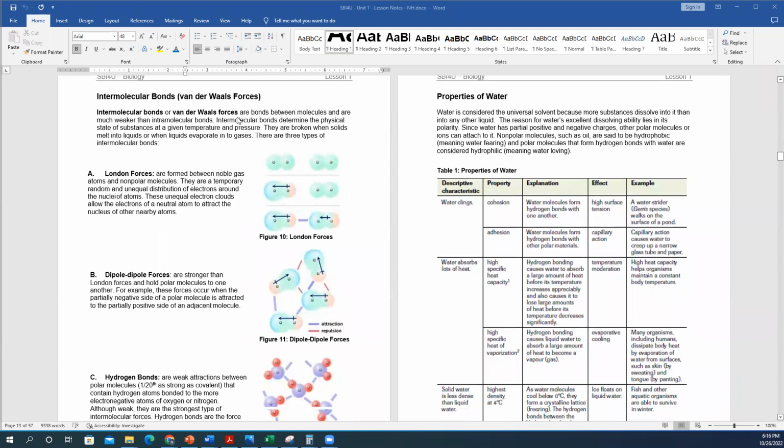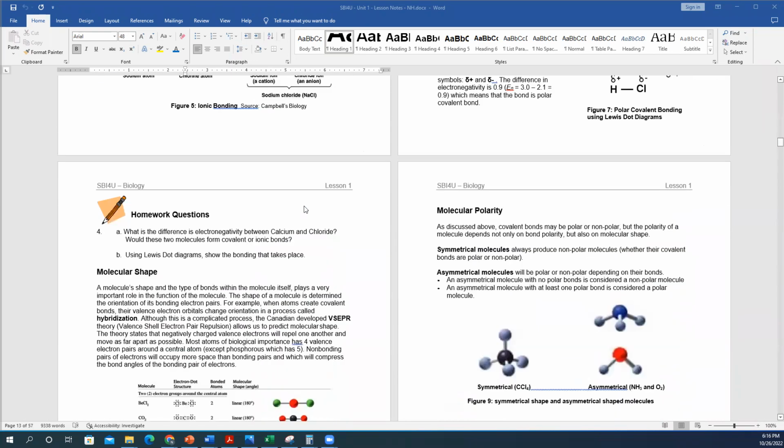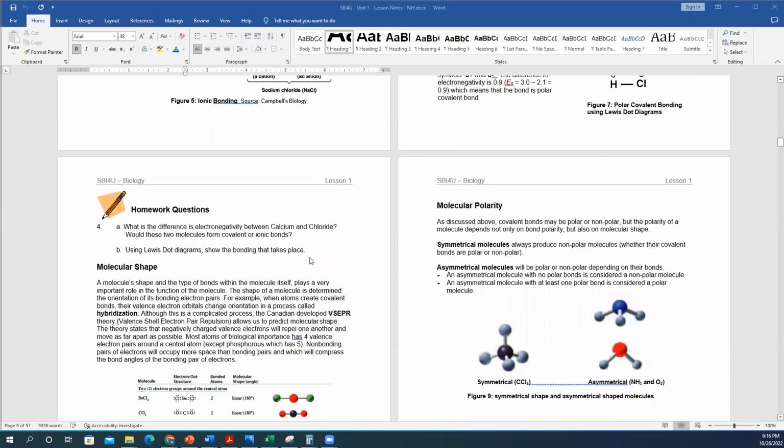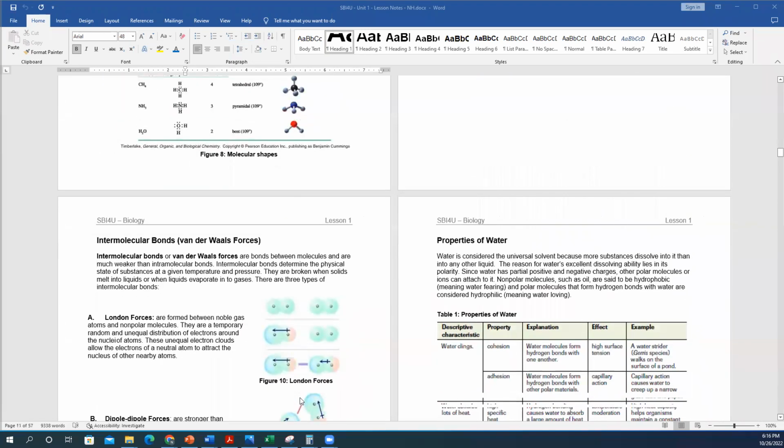Next, we discussed those intermolecular bonds, whereas intramolecular bonds are bonds within a molecule, between the atoms within a molecule. Intermolecular bonds are bonds between molecules, outside of the molecules.